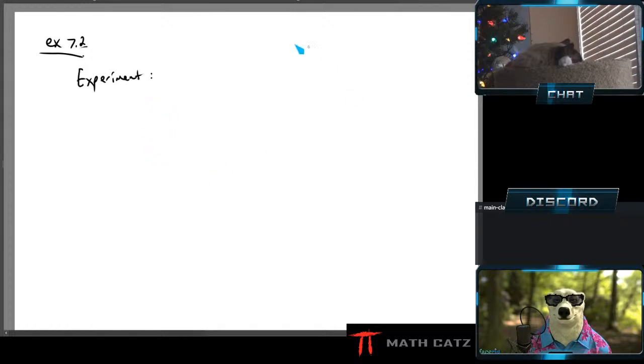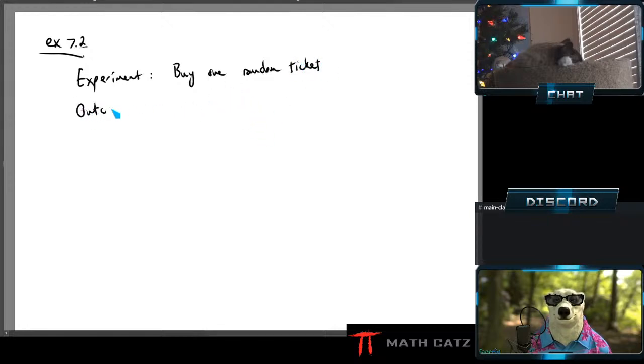Because the random variable matches the experiment and outcome combination, I'll say. So the experiment is buy one random ticket, which means all tickets are equally likely, random.